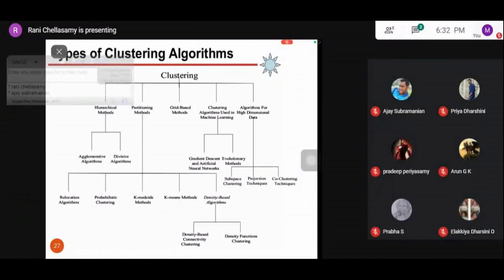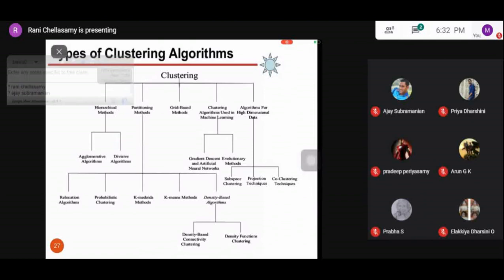Clustering algorithms used in machine learning are classified into two types: one is gradient descent and ANN, and the next type is evolutionary methods. Algorithms for high-dimensional data are classified into three types: subspace clustering, projection techniques, and co-clustering techniques.